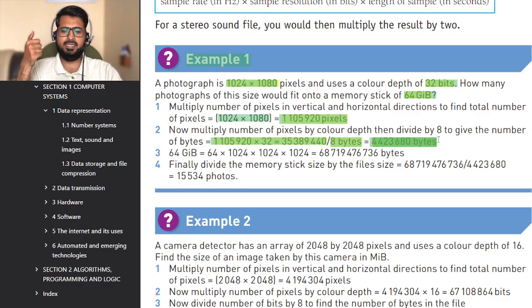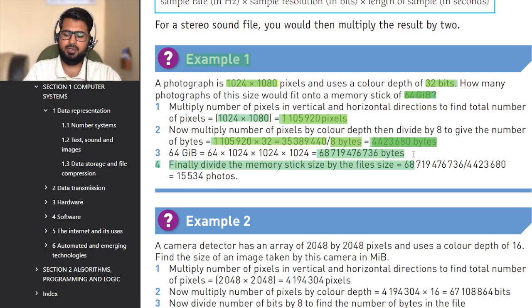The easy way is to convert the 64 GB into bytes by multiplying by 1024 three times. So 64 multiplied by 1024 three times, going from GB to MB, MB to KB, KB to bytes. We'll get the final bytes.